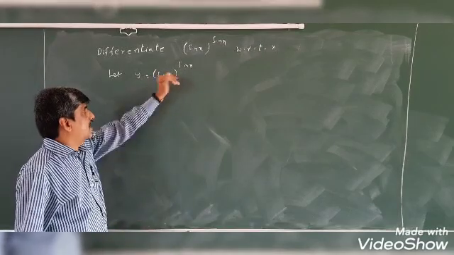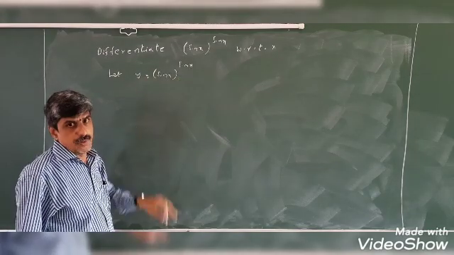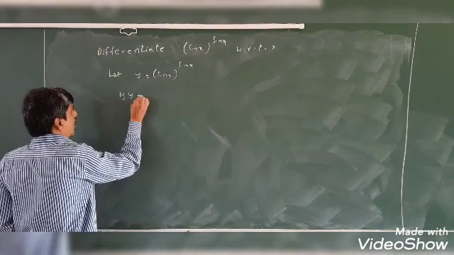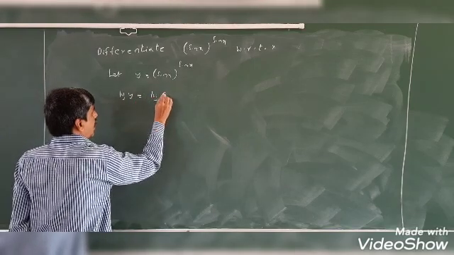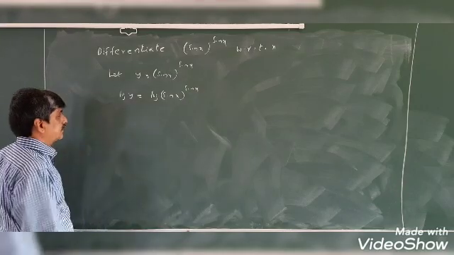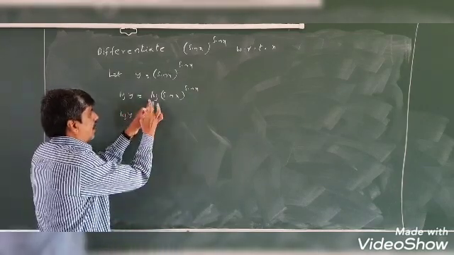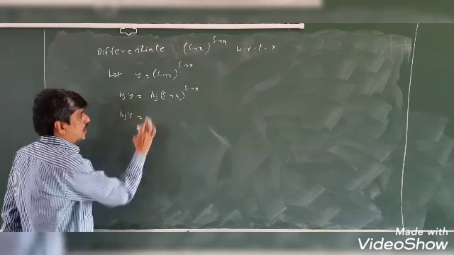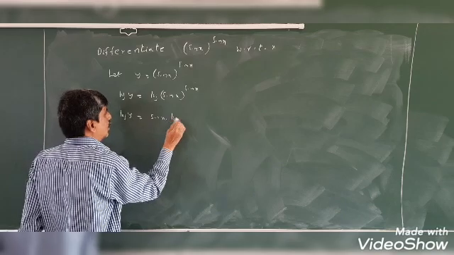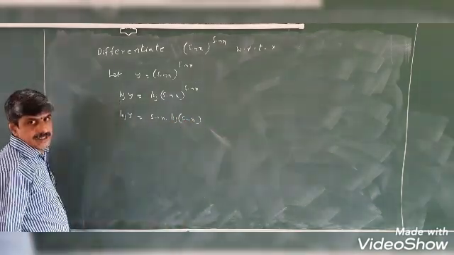So for this type of function, if you want to differentiate, take log with base e on both sides. Therefore, log y is equal to log of sin x power sin x. Log y is equal to, now we use the formula log x power m, we will write it as m into log x, which means sin x into log of sin x.